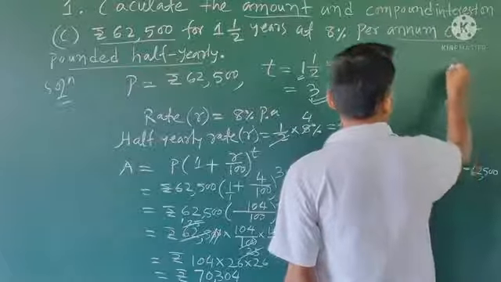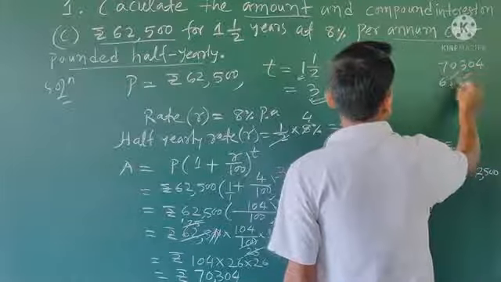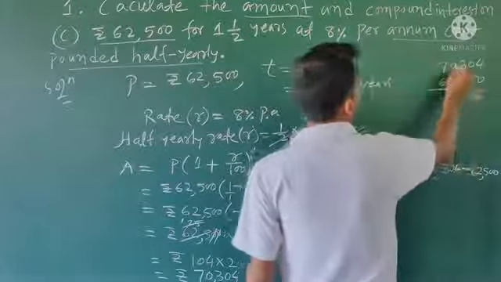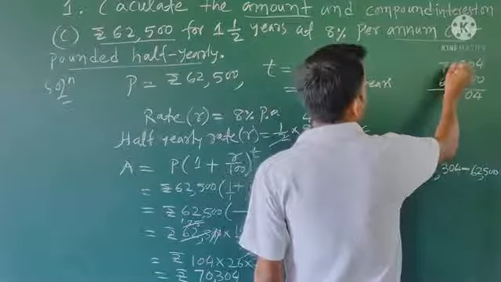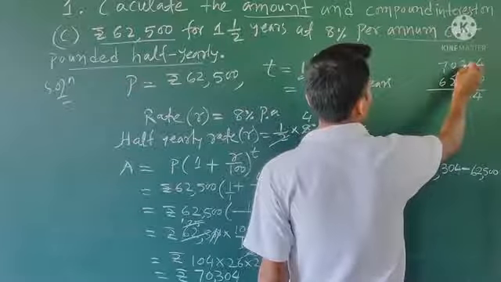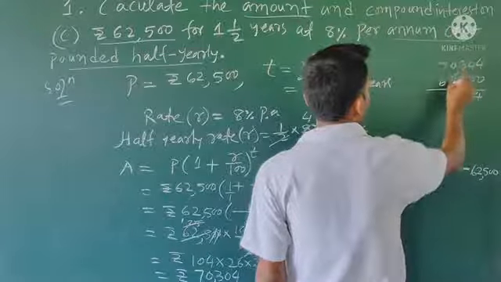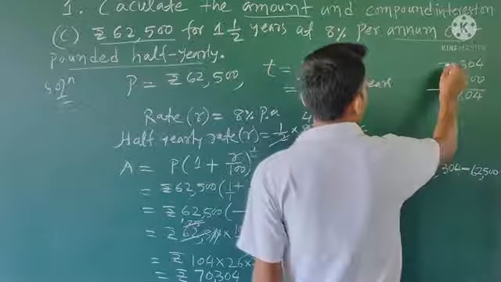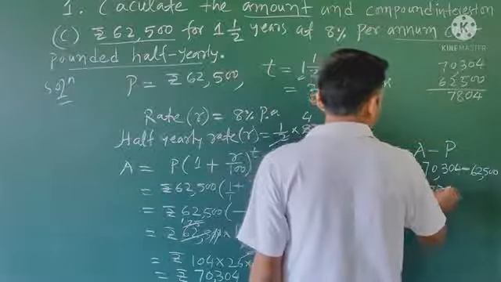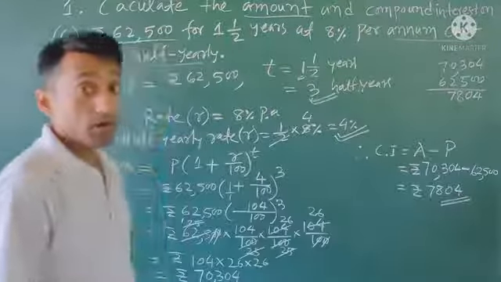You do subtract. 70,304 minus 62,500. 4 minus 0 is 4. This 0 you borrow 1 here, then it will be 10. Again 1 you borrow, then it will be 13. 13 minus 5 is 8. Here now 9. 9 minus 2 is 7. 7 minus 6 is 1... So we have 7,804. So this is your compound interest.